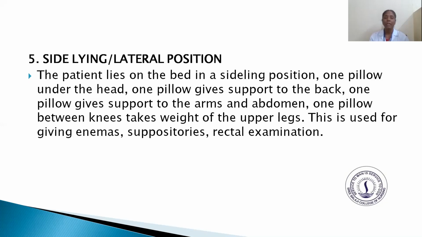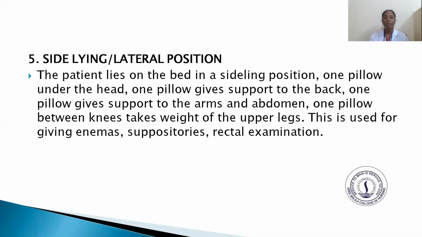The patient lies on the bed in a side lying position. When the patient is in a supine position, you can change it by turning the patient into a side lying position. Then one pillow is placed under the head. One pillow gives support to the back.